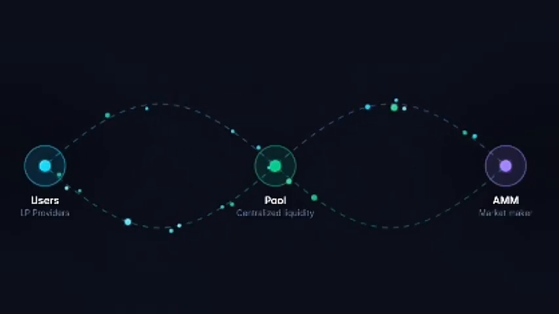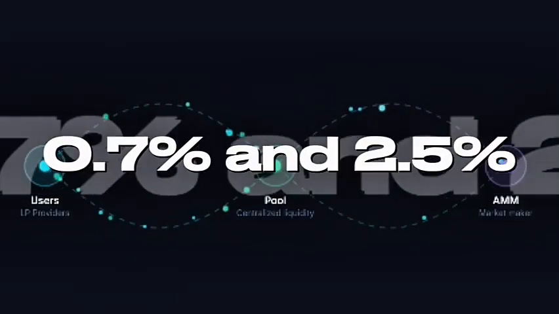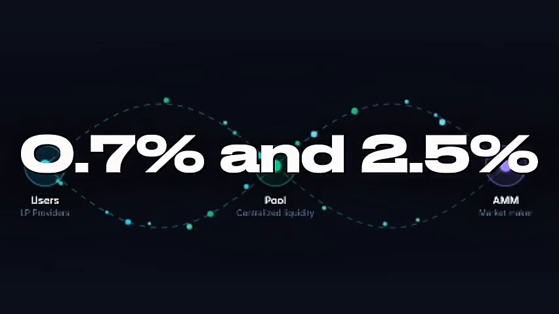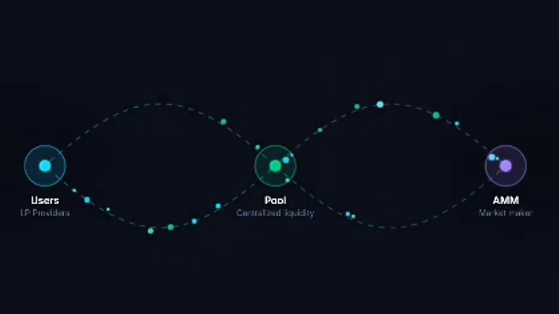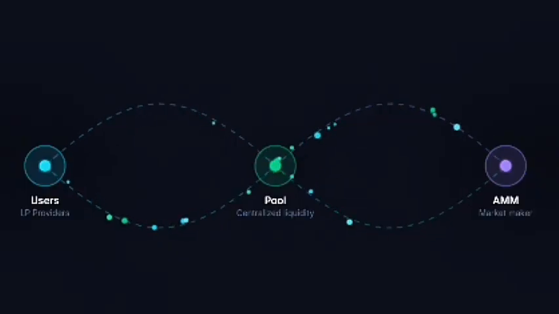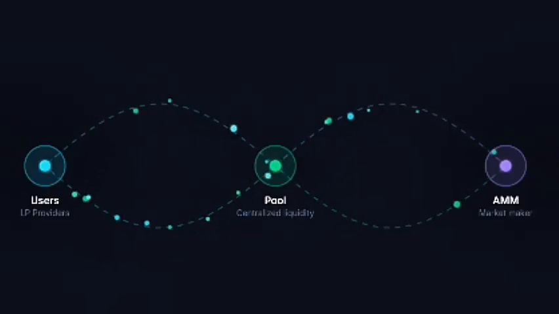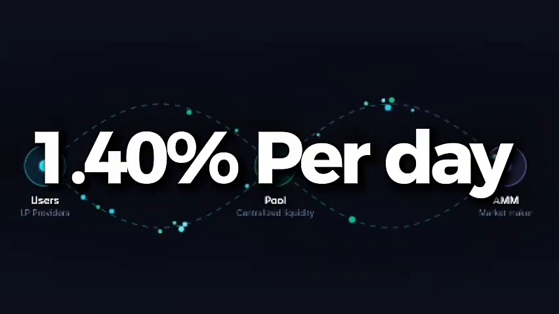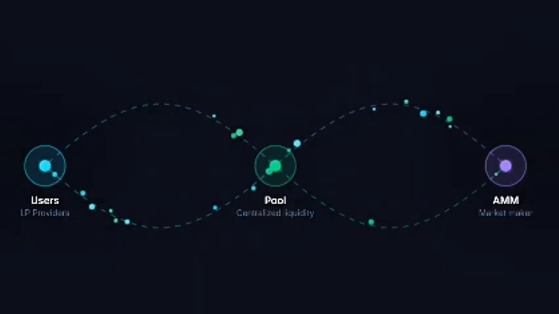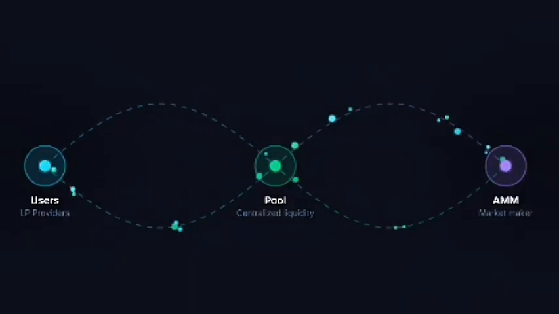Liquidix states that this automated system can generate between 0.7% and 2.5% daily, with a projected return of around 1.40% per day, depending on market conditions and the bot's performance.